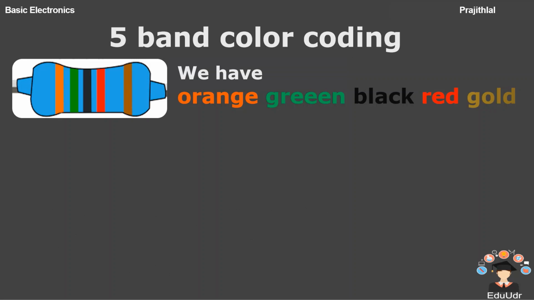Here is a 5-band color coded resistor, and we have orange, green, black, red and gold. So as we know, in a 5-band color coding, the first three strips or first three rings represent significant figures. The fourth one represents multiplier, and the last one represents the tolerance.